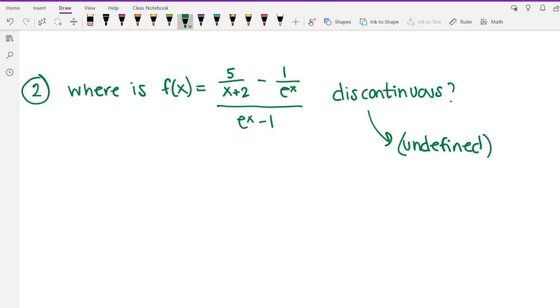So we basically just need to figure out, what could make this function go wrong. Well, basically, if any of the denominators in this function equals 0, then that will make it undefined.